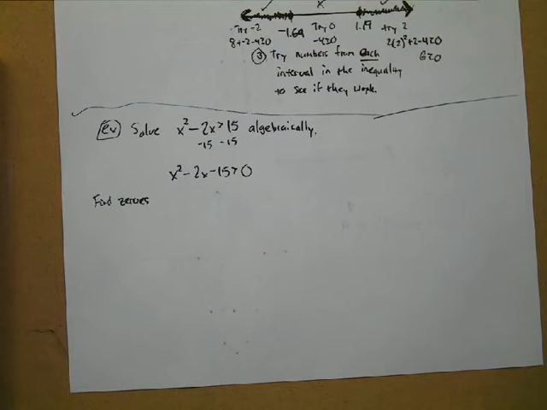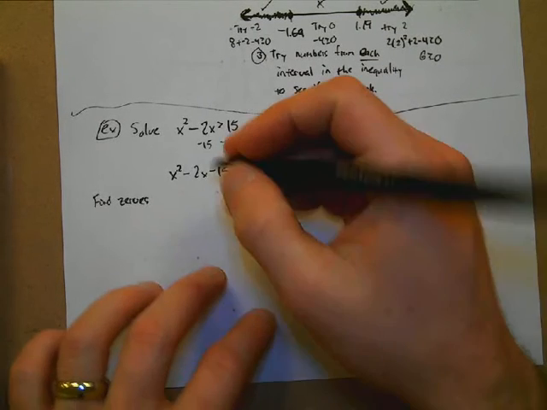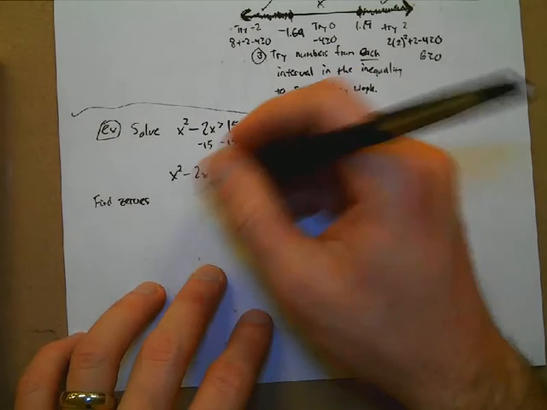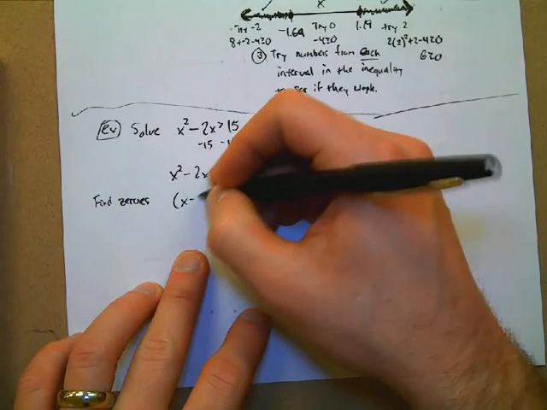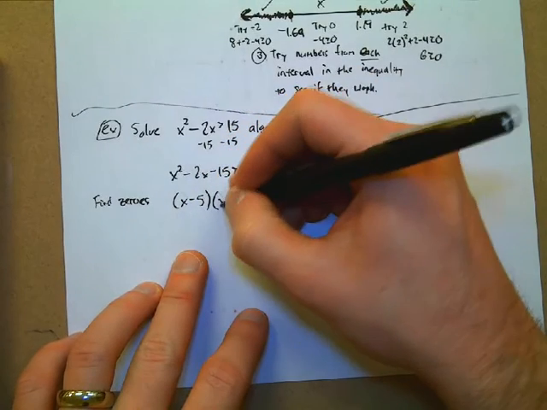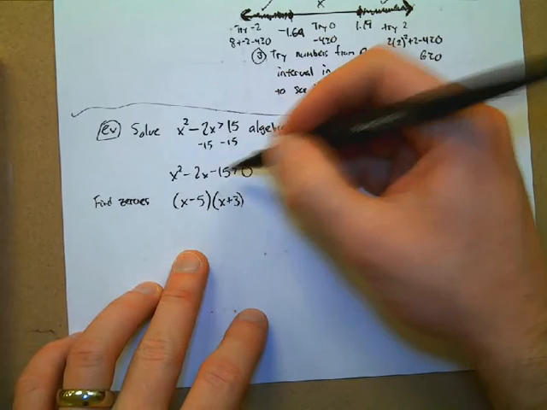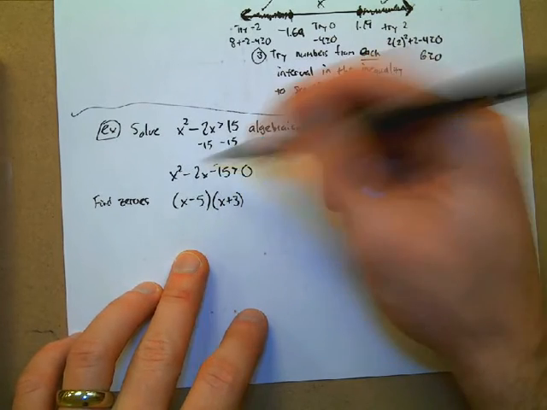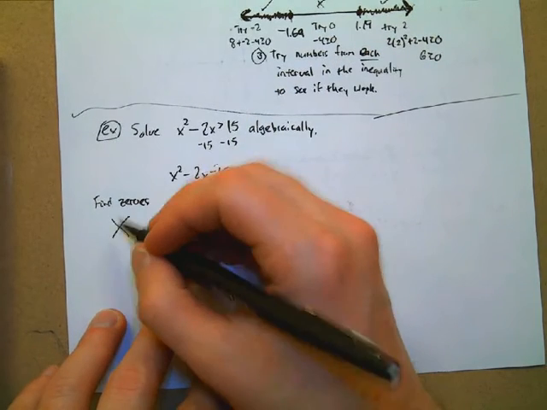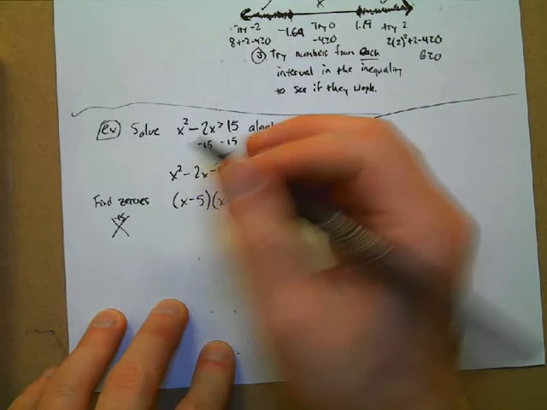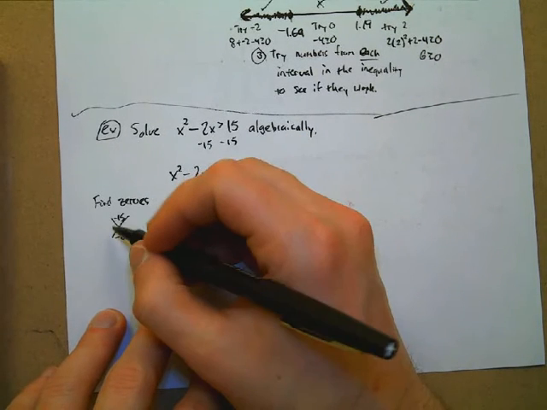Two numbers that multiply to negative 15 but add to make negative 2, that would be negative 5 and positive 3. So it does factor, and I'm going to find the zeros. The zeros are x equals 5 and x equals negative 3. So there we found the zeros.